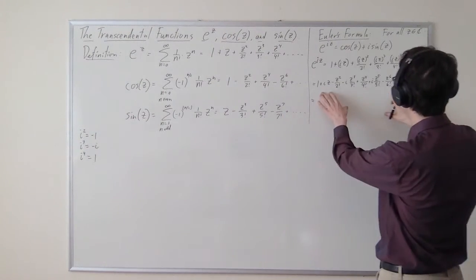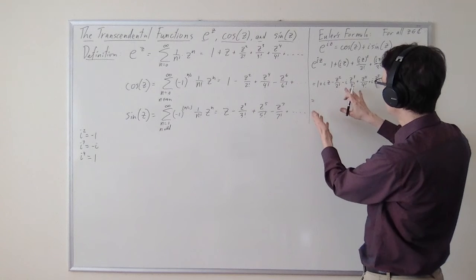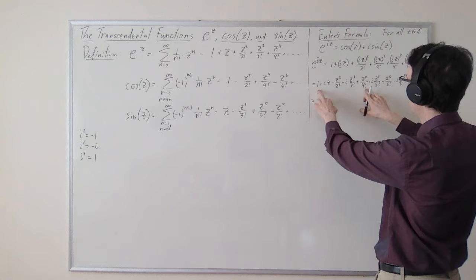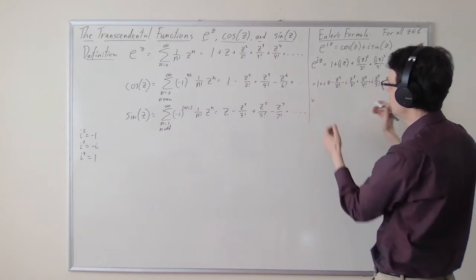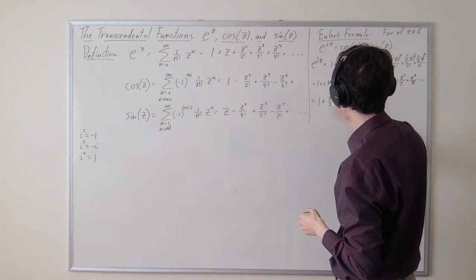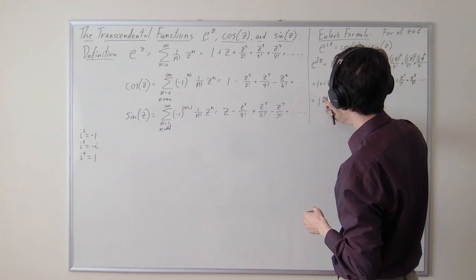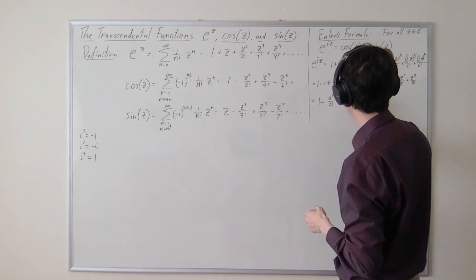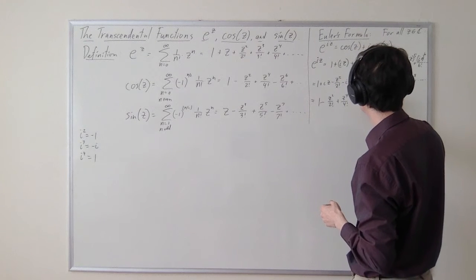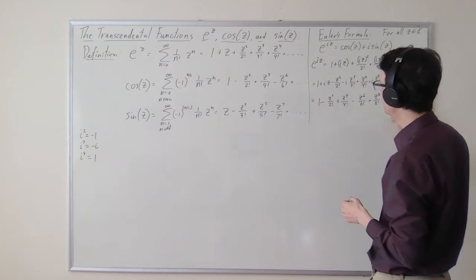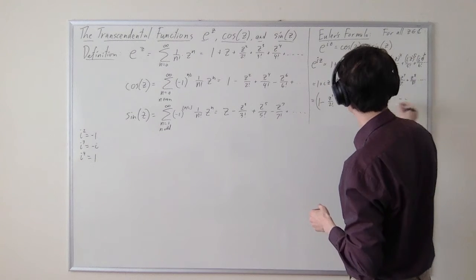So I'm going to reorganize this. What I'm going to do is I'm just going to group all of the terms that don't involve an i, all the real terms, and then group all the terms that do. So this is going to be 1 minus z squared over 2 factorial plus z to the 4th over 4 factorial, minus z to the 6th over 6 factorial, plus z to the 8th over 8 factorial, etc. So that's the first infinite sum.